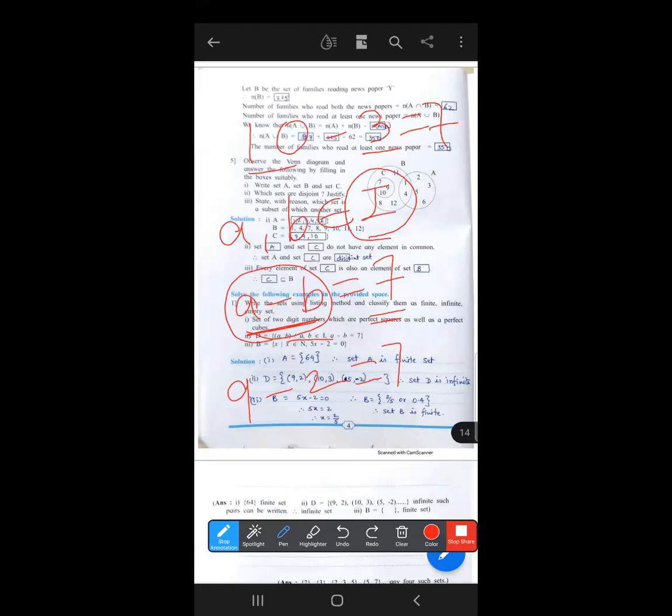So you can take n number of examples and get the difference between the two numbers as 7. You can take one positive and one negative, both positive or both negative. The condition is that the difference should be 7. Since it belongs to integer, you can take positive, negative, or 0.